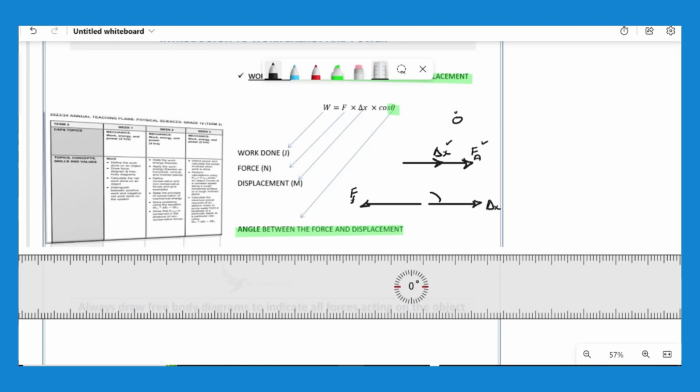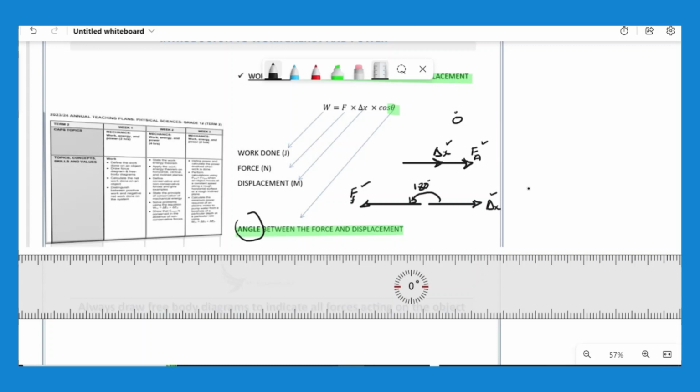Then we know that this angle is going to be 180 degrees. This 180 degrees is the angle between this force and that force. So this theta is always going to be either 0 degrees or 180 degrees. It depends on the nature of the force, whether it's acting in the same direction or in the opposite direction.